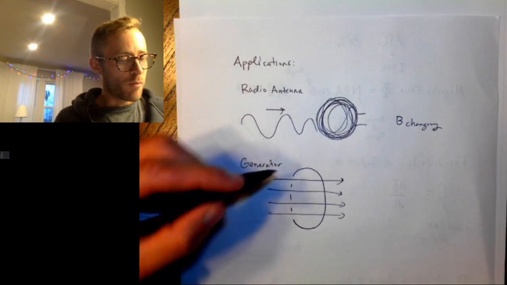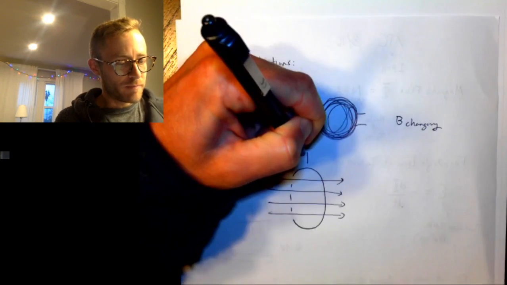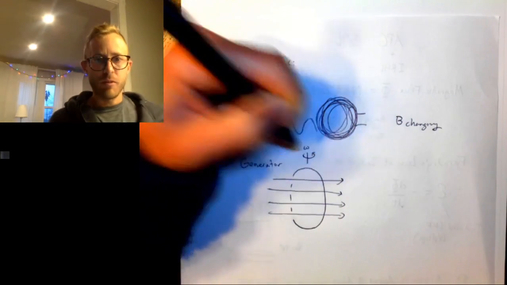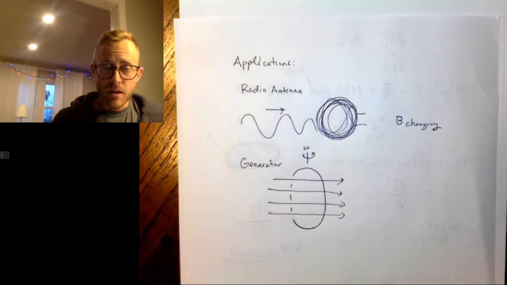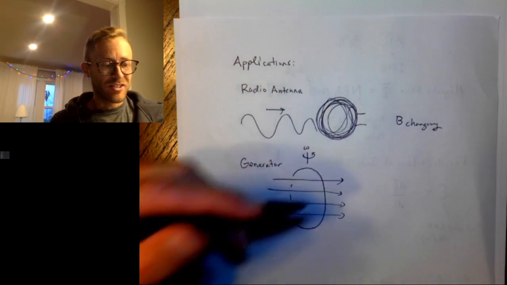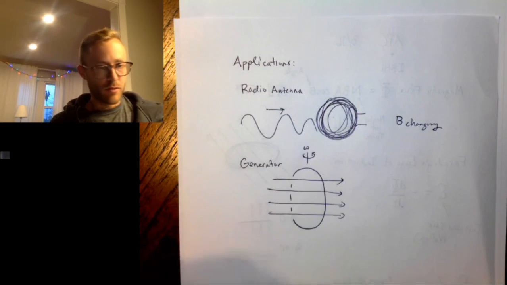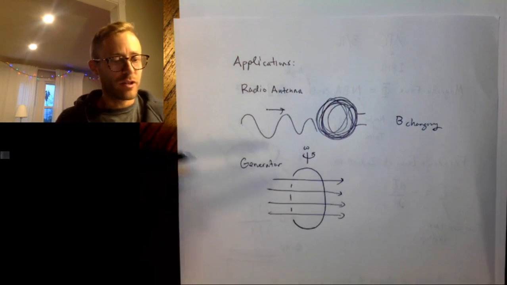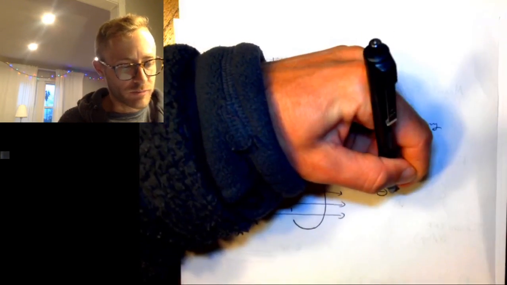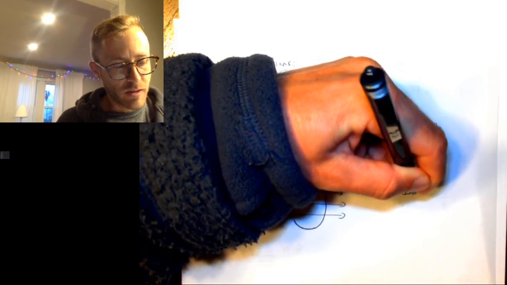And the loop of wire is made to spin at some rate, omega, okay? And so as this thing is spinning, the angle between the loop and the magnetic field is changing. So this is an example of theta changing, okay?